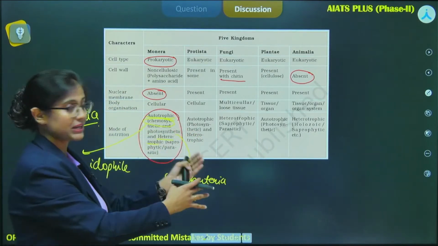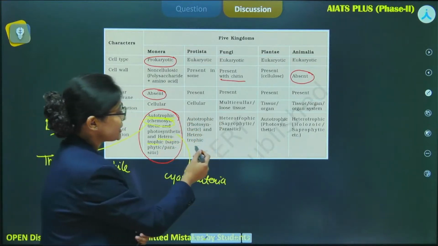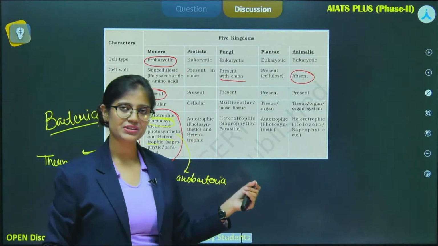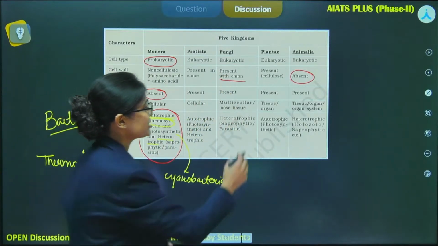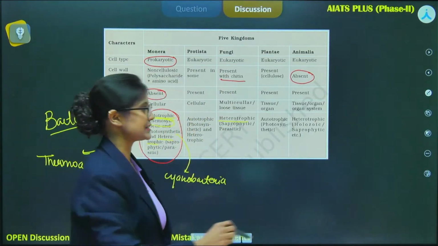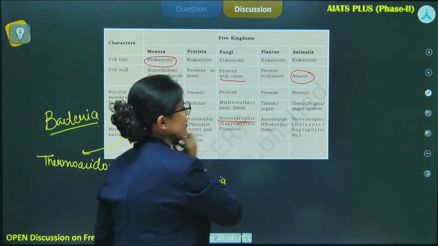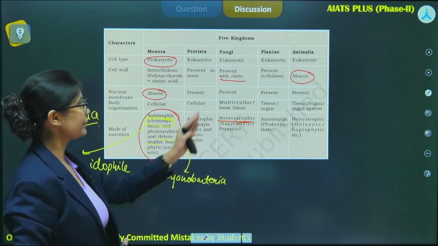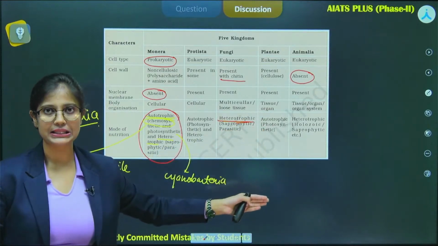Now let's move ahead to the next kingdom, where Protistans show both autotrophic and heterotrophic modes of nutrition. They are photosynthetic, and in heterotrophic we have studied that they are saprophytic. In fungi, they are solely heterotrophic organisms. They do not show any autotrophic mode of nutrition. And if we talk about Plantae, here it is autotrophic, that means photosynthetic.